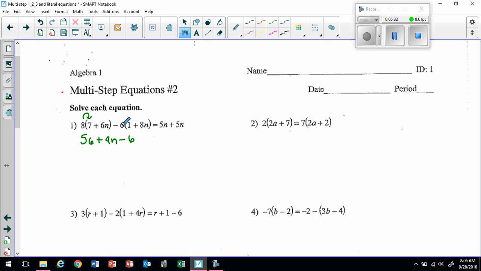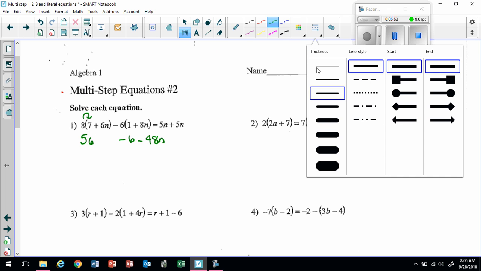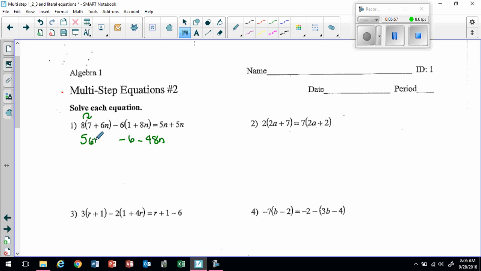A negative 6 times 8 is going to give me a negative 48n. Sorry, this should have been plus 48n. I make mistakes, you guys. So this should be plus 48n. All right? And it equals 5n plus 5n.